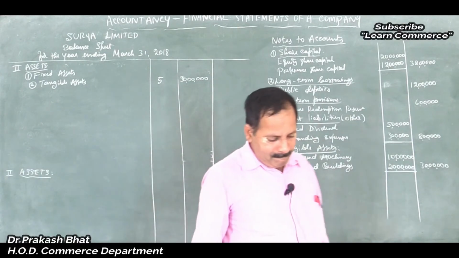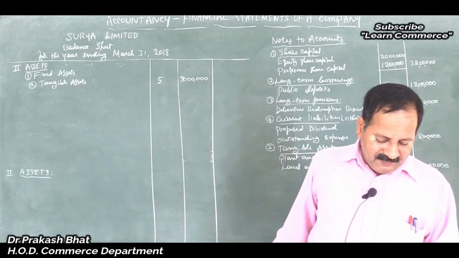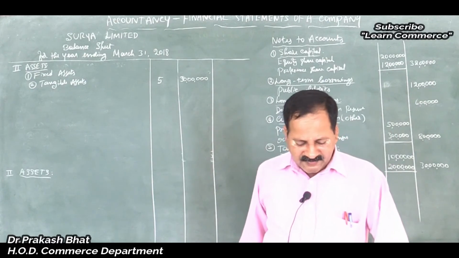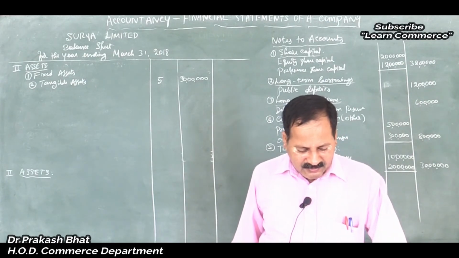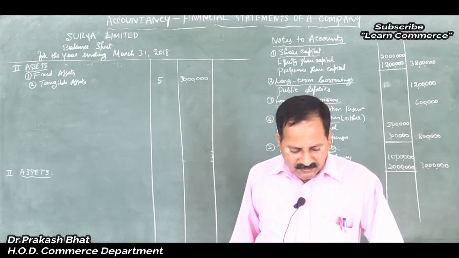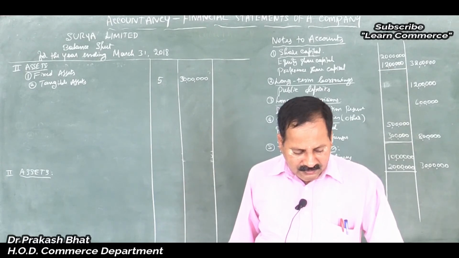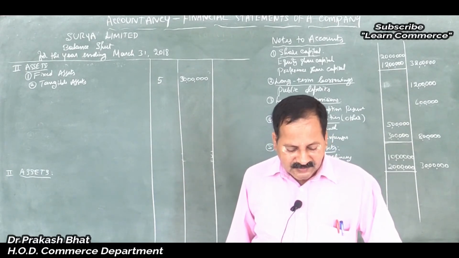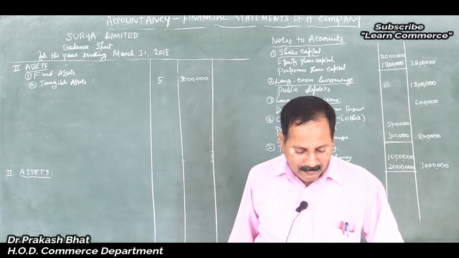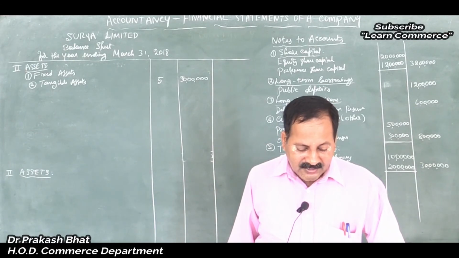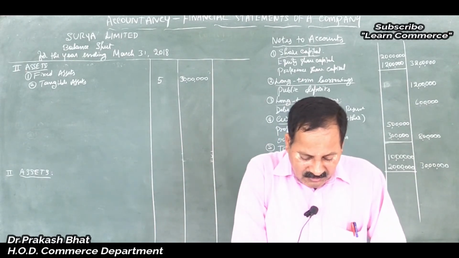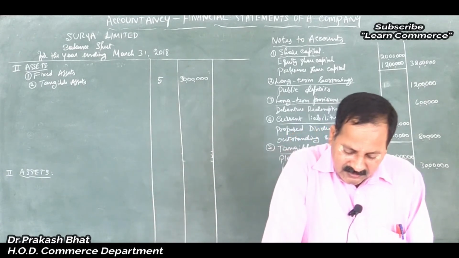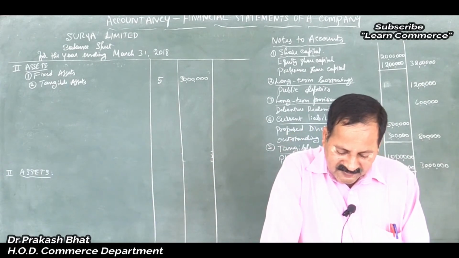Over. Now let us see whether there are intangible assets. No, there are no intangible assets. Then non-current investments, long-term investments, right? Whether there are any long-term investments? No. Current investments are there, but long-term investments are not there.